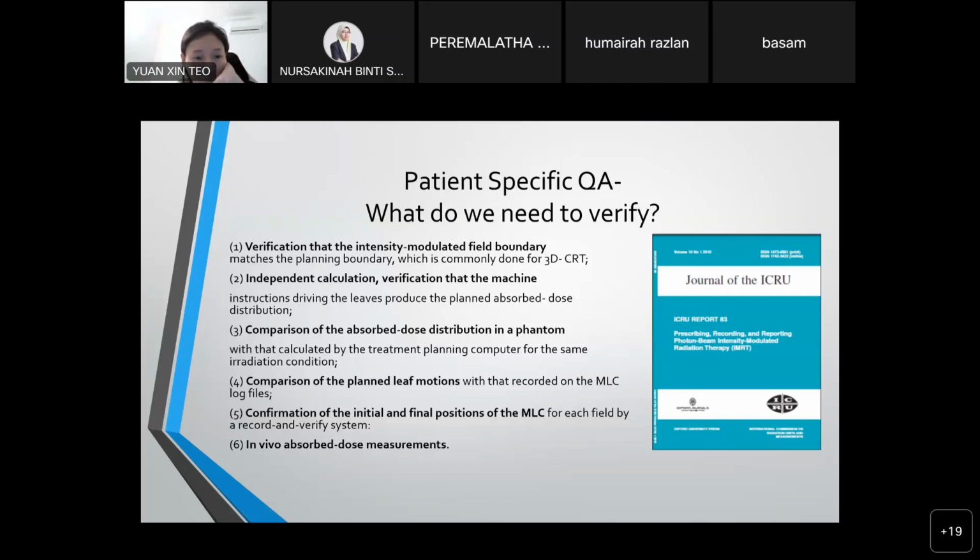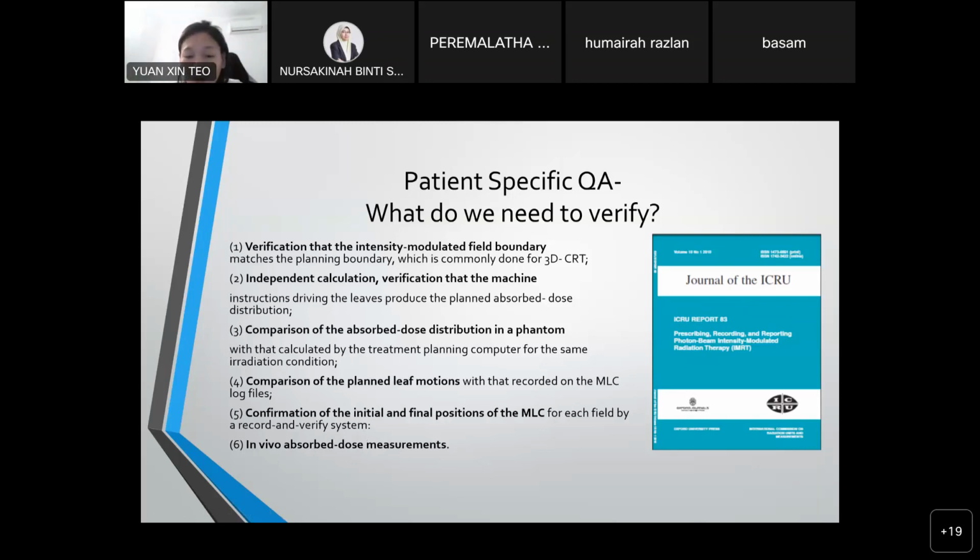And then confirmation of the initial and final positions of the MLC for each field by a record and verify system. This record and verify system is a system where integrity is maintained between the machines and the treatment planning system.